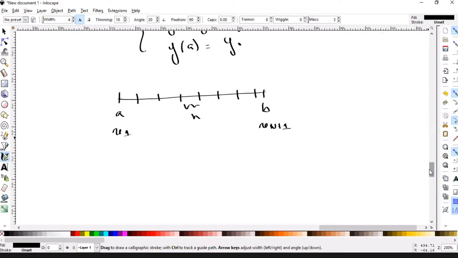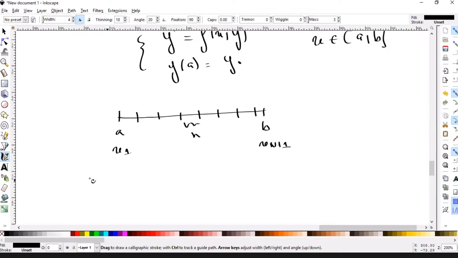Okay, so the Euler method is very simple.